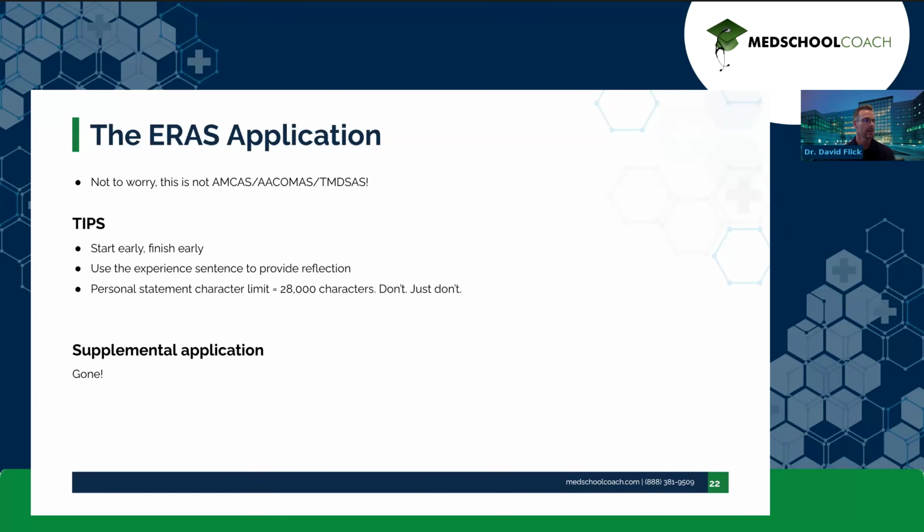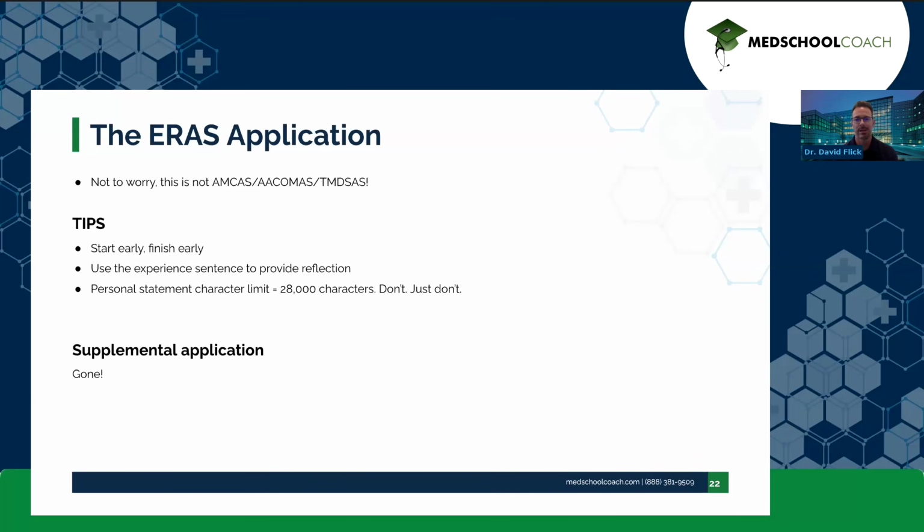Okay. The experience section, just like the work activities you worked on as a pre-med for medical school applications, is very, very similar here. A lot of people ask, well, how do I set myself apart from everybody else applying during this process? My recommendation is to use paragraph form, which is conducive for providing reflection.